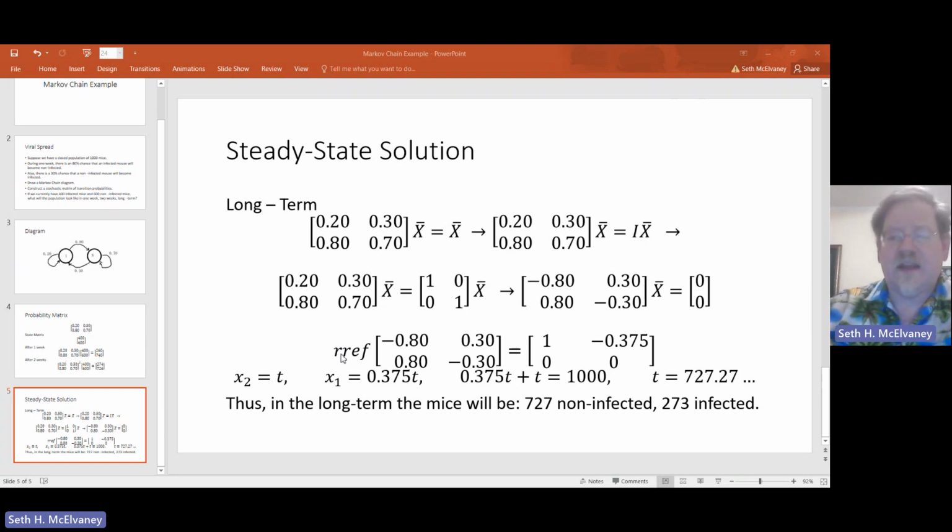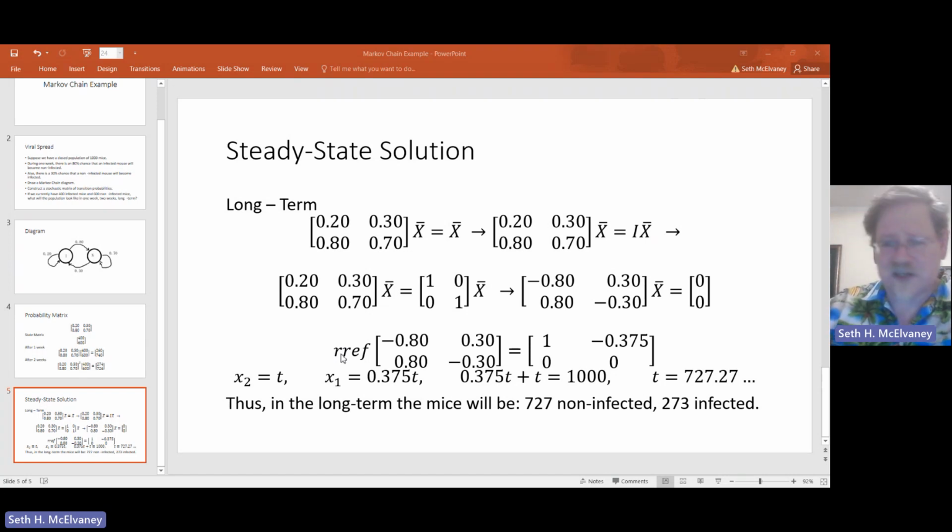Now, that doesn't mean that it's going to be the same 727 mice that are non-infected. It doesn't mean we've got these great mice that are totally immune and these poor 273 constantly infected mice. No. It just means that we get a cycle where some are becoming non-infected and others are being infected, but in the long run, it's going to balance out to roughly 72.7% non-infected and 27.3% infected.